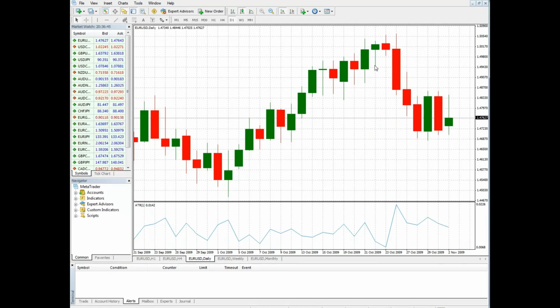For instance, we could say that we'll take a horizontal line here. I'll just place it right there. We can say that, 1, 2, 3, 4, 5, 6, 7, 8, 9, 10, that's easily the highest high of the last 10 days. And we could say that that is easily the lowest low of the last 10 days.